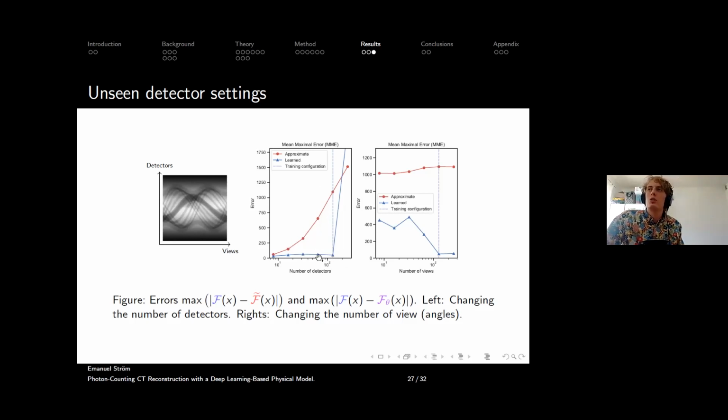This is also pretty interesting to see because we only trained on a fixed resolution for these sinograms, and still it performs well when you scale down the resolution. The same goes for when you scale down the number of views. If you increase the number of detectors, this model becomes much worse. So probably if we want to increase the resolution of our measurements, we would have to retrain this forward operator.